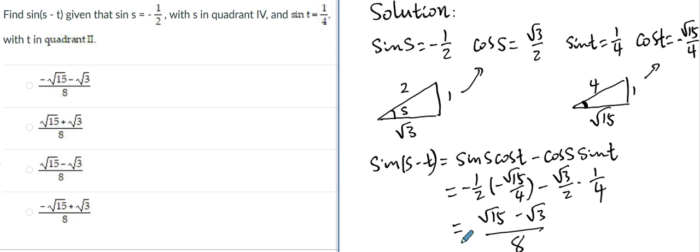Then which one is the answer? Positive radical 15 and negative radical 3. Okay, so that should be the one right here. All right, I'll see you next time.